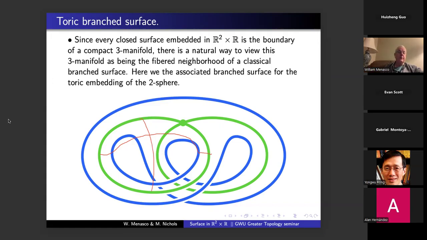Let me pick another, maybe magenta. That isn't right. It's underneath. You can slap on a disk underneath here, underneath the surface, and there's one above.